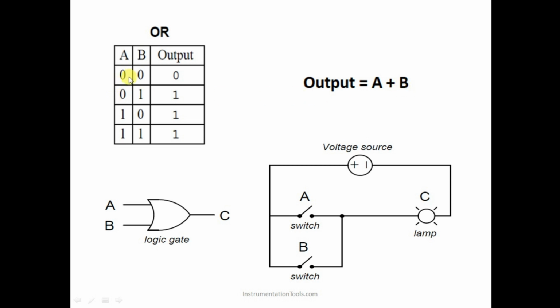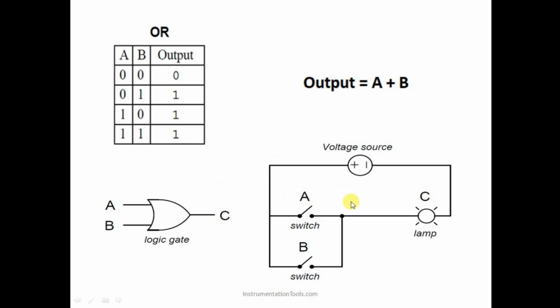Okay, so basically what is happening here in case of logic gates, 0 plus 0 is 0, 0 plus 1 is 1, 1 plus 0 is 1, and 1 plus 1 is also 1. Okay, so basically what is happening is, if any one of the switches is high, that is here, if you observe, this is our circuit.